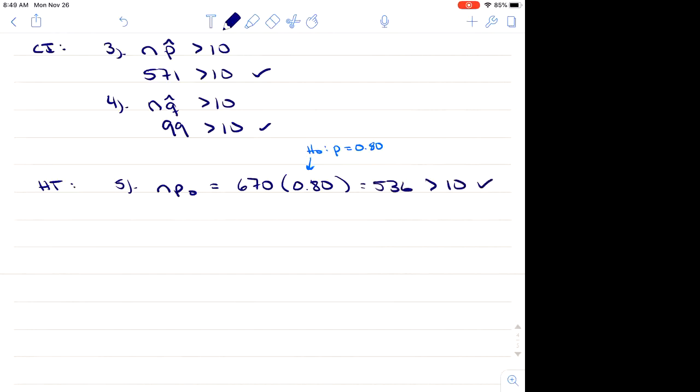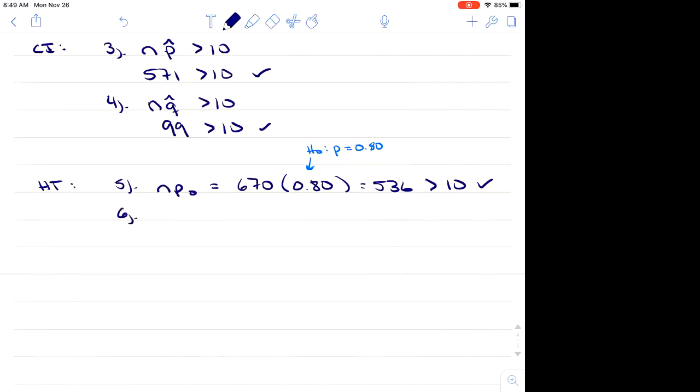Great. What are we checking here? We're checking that if the proportion is 80%, we would have expected to see 536 people say yes. We saw more than that, right? So we suspect that it's more. We just want to know, is it significantly more?